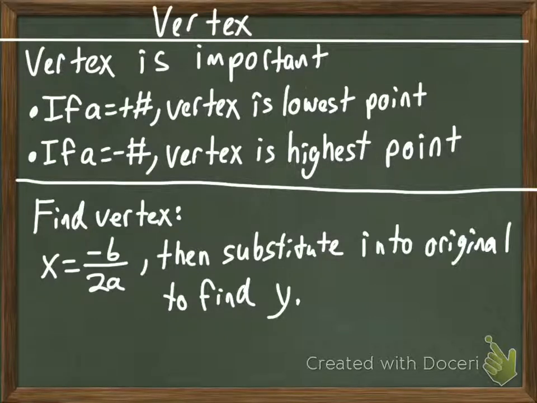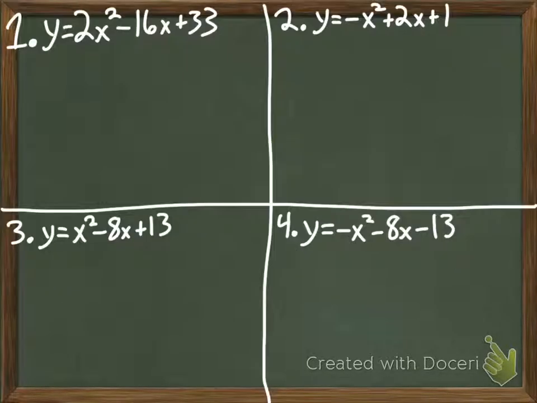And then after we figure out what our x is, we substitute that into the original to find our y. Alright, so again, we're going to use this little formula here to find x, and then we're just going to plug that x into our function, and it's going to shoot us out a y.